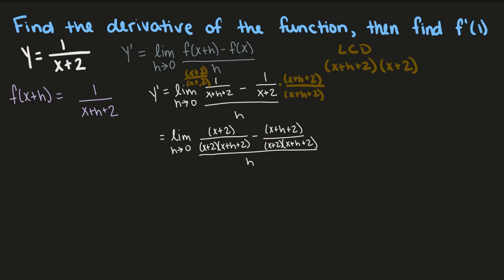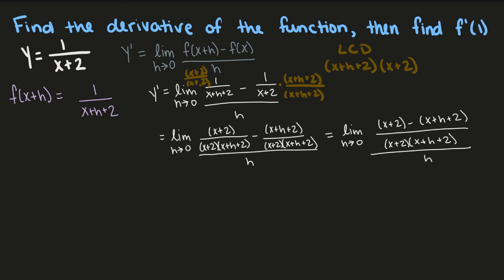So now that we have common denominators, we can make this one fraction. So this is going to be equal to the limit as h approaches 0 of x plus 2 minus x plus h plus 2, all over x plus 2 times x plus h plus 2. All of that is over h.